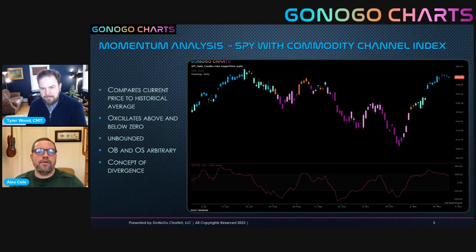And then again, the concept of divergence, as with all of these momentum tools, is very important. You can see at the back end of that chart, we've got divergence again with the CCI, the same area that Tyler was talking about, the higher highs in price and the slightly lower highs on the CCI. So CCI attacks the concept of momentum in a slightly different way, looking at how far away price is from a historical average. And those divergences work in both directions.